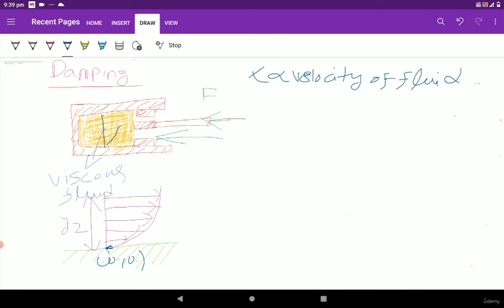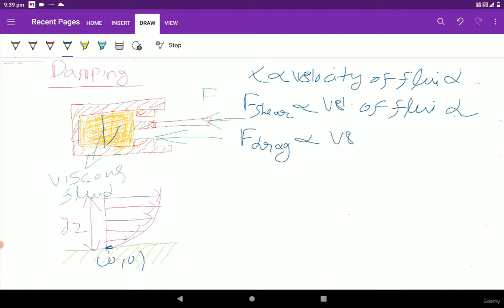So we can infer that the shear force, F shear, is directly proportional to the velocity of the fluid. We can also infer that the drag force, F drag, is directly proportional to the velocity of the fluid.